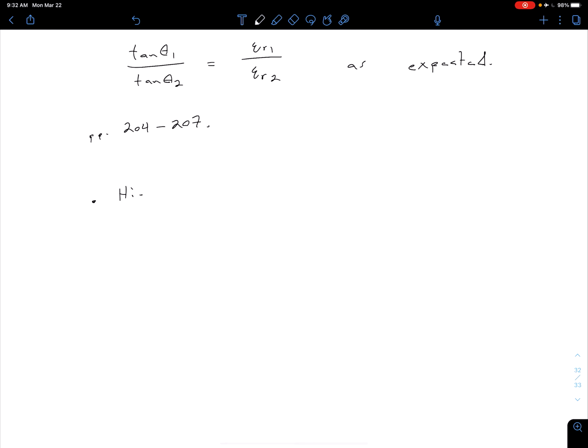The first is a small section that deals with high dielectric constant materials. You'll also hear these referred to a lot as just high K materials. One application area of these is electronics.